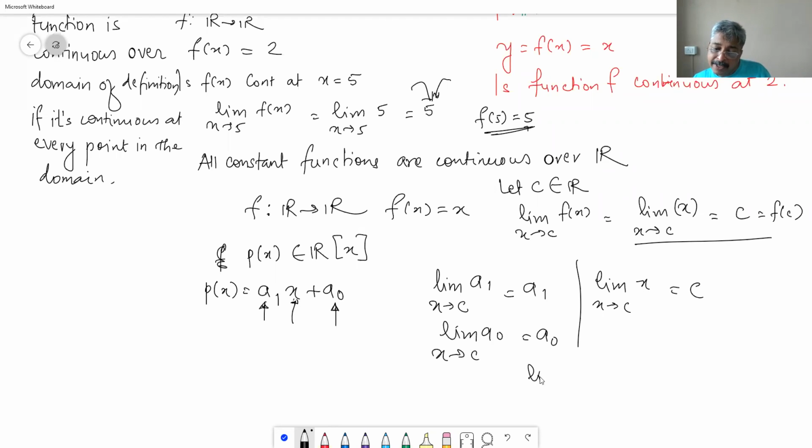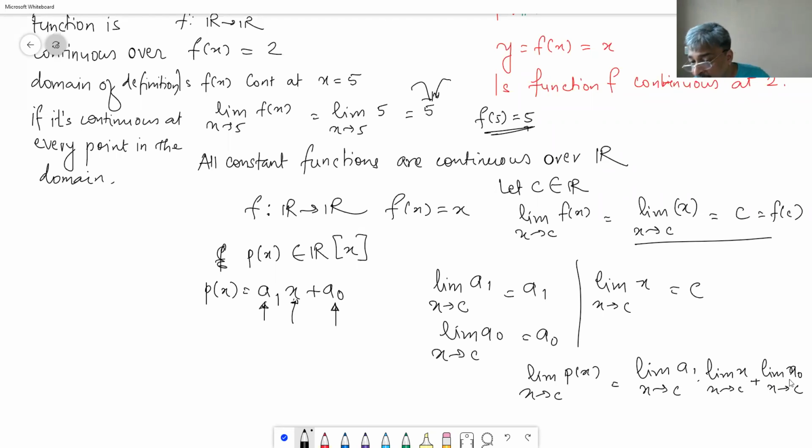Therefore, the limit of p of x as x tends to C is equal to the limit of a1 as x tends to C times the limit of x as x tends to C, plus the limit of a0 as x tends to C.